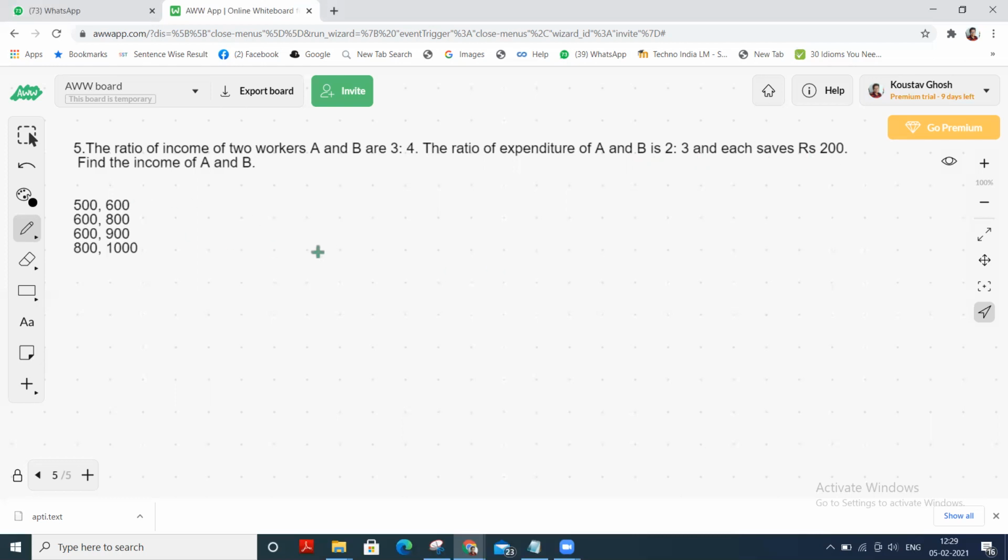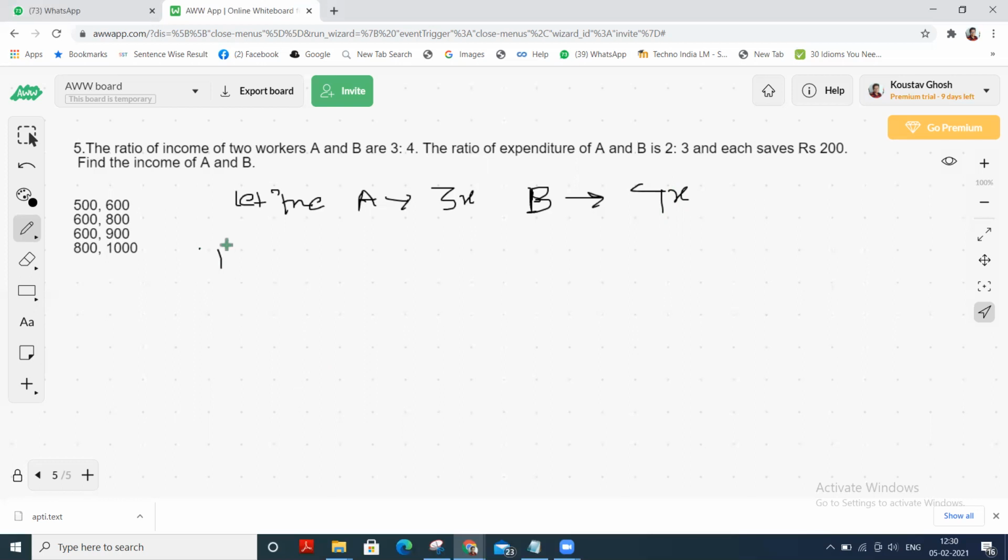Find the income of A and B. Let income of A be 3x and B be 4x. Okay. Expenditure ratio is 2 is to 3. Saving in each case is 200.